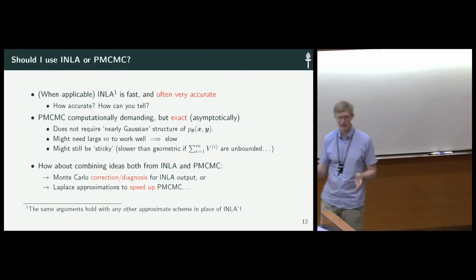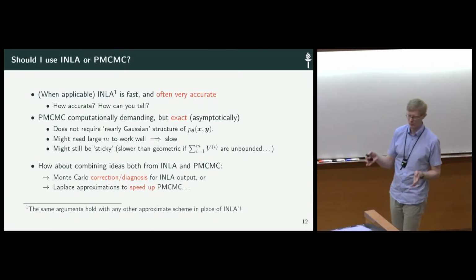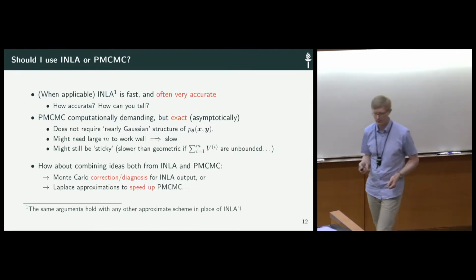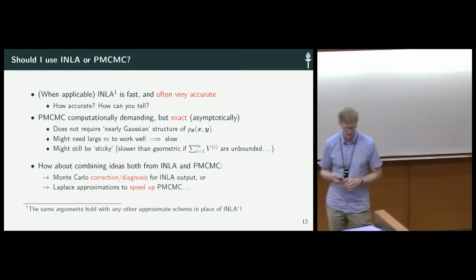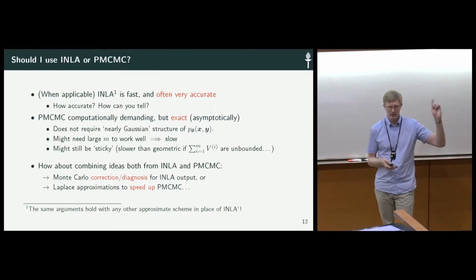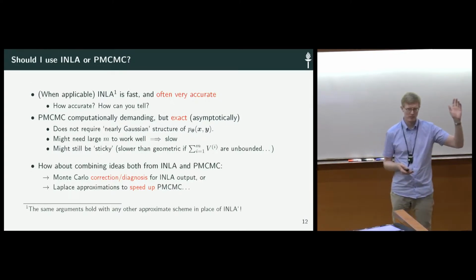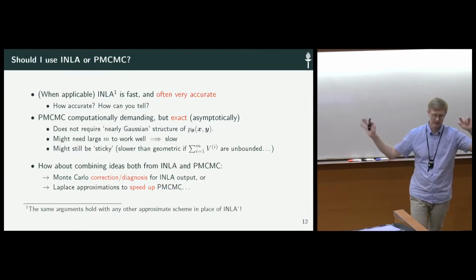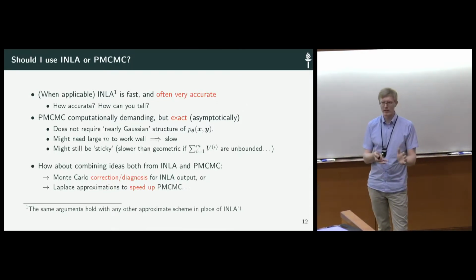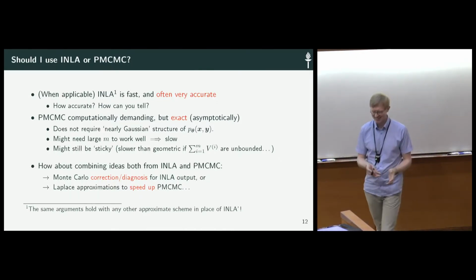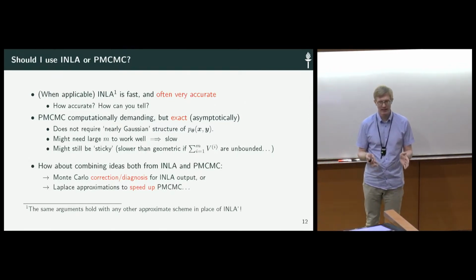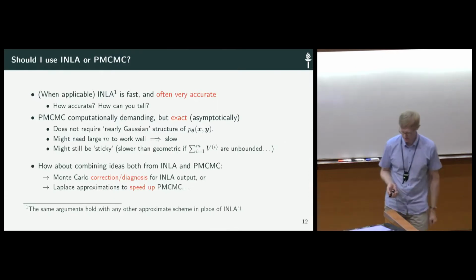When do you know that INLA is good enough, or when might it have a substantial bias that you want to correct? This is a discussion that goes beyond INLA, with any approximation-based method where, instead of Laplace, you could use other approximations. In some sense, they often work well if they are published, right? But it's hard to tell when they fail. They can fail in some cases pretty badly.